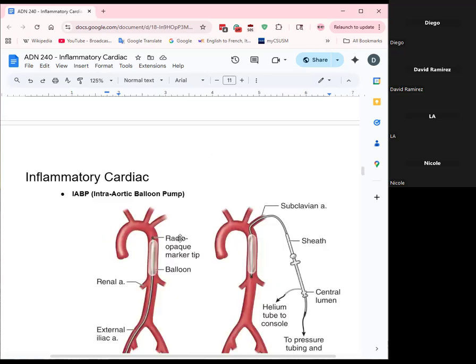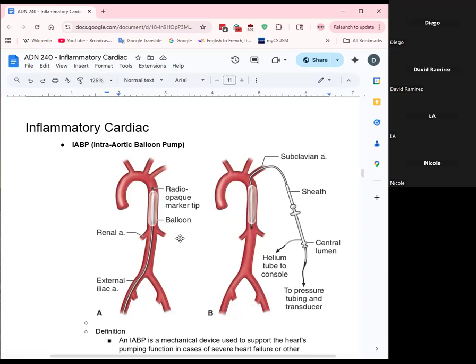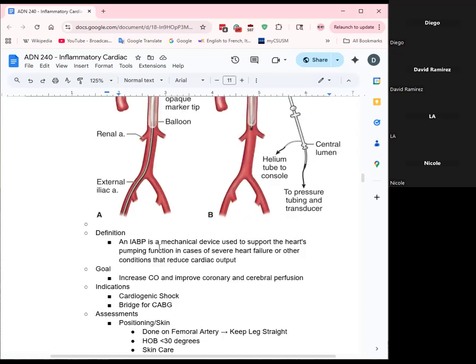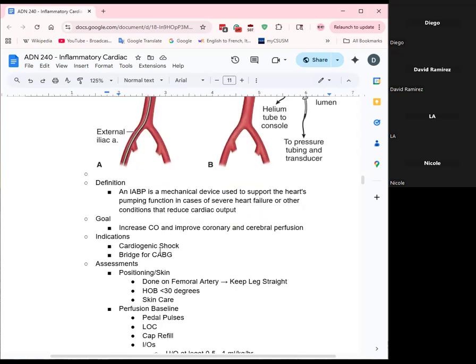Okay. The next thing is the intra-aortic balloon pump. So this right here is your heart. This is the big artery, and it's about to pump everything to the rest of the body. You have this balloon here, and the idea is that this balloon is going to help your body pump in order to improve your cardiac output.